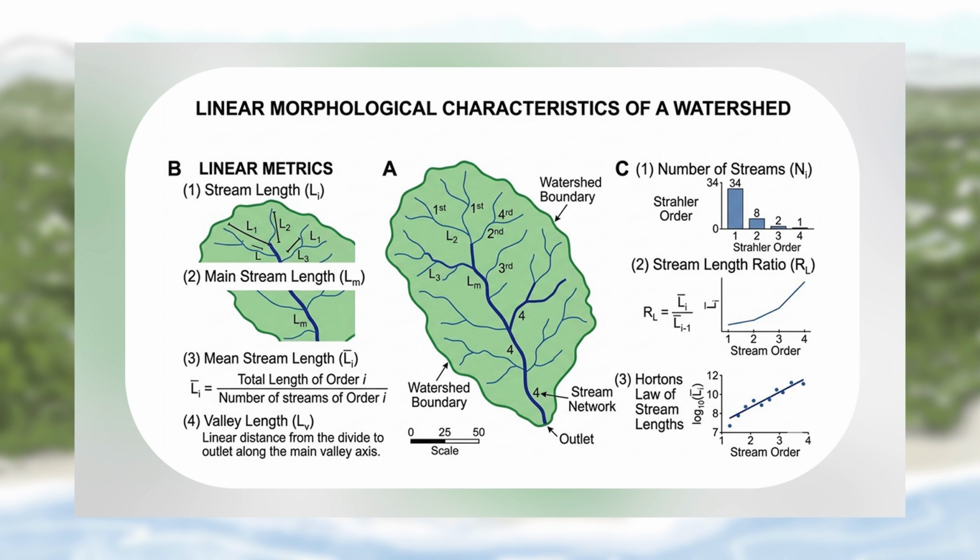These characteristics help us in understanding runoff behavior, flood peaks, sediment transport, erosion rates and basin evolution and hydrological responses. Here are the classical linear parameters according to Horton 1945 and Strahler 1957, starting from the first one, stream order.